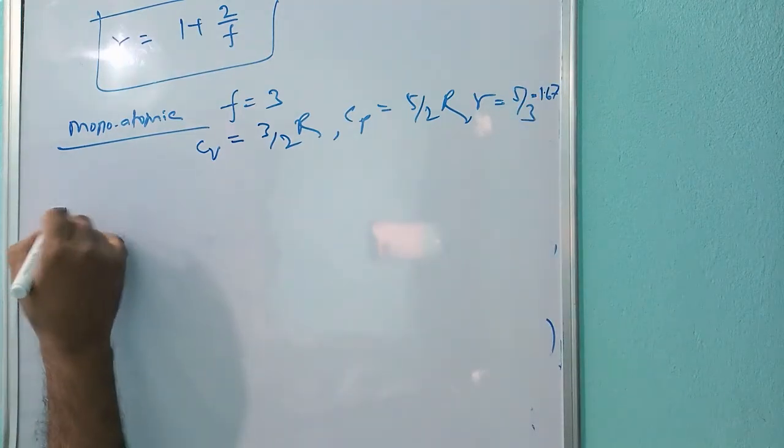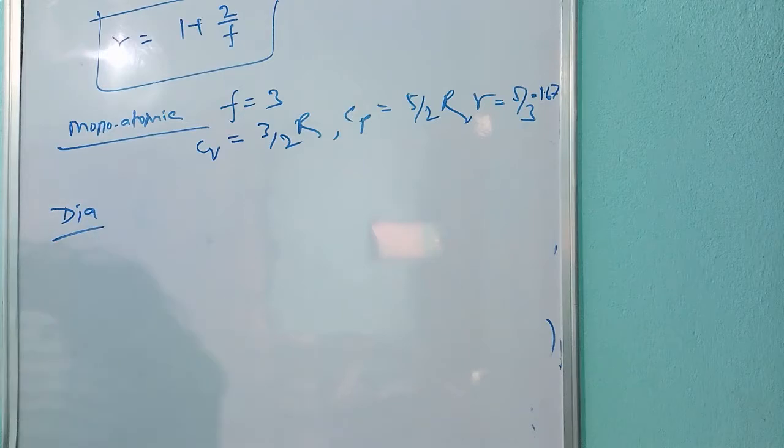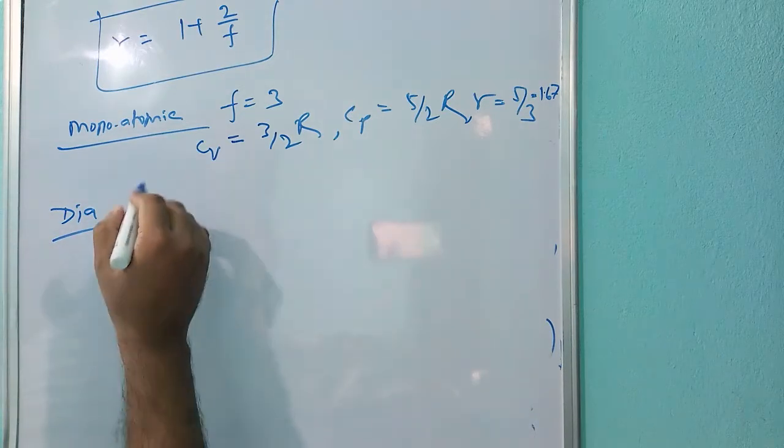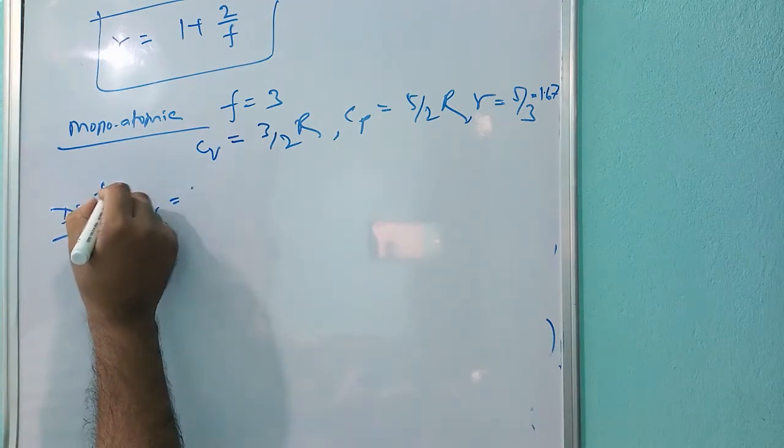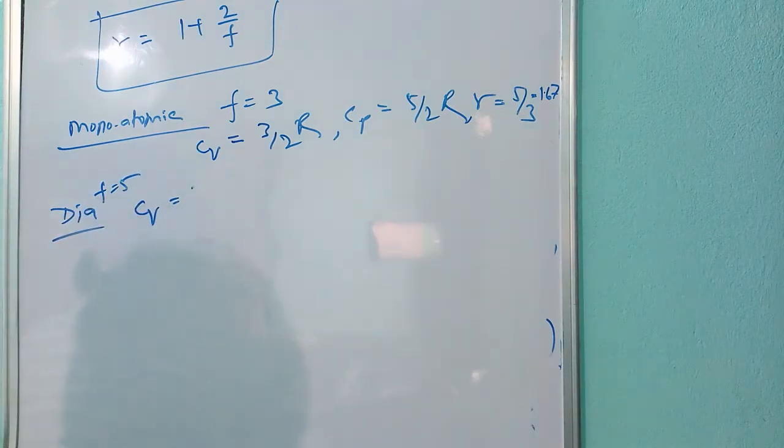In the case of diatomic, Cv will be equal to 5/2 R. Why? Because in this case f is equal to 5.